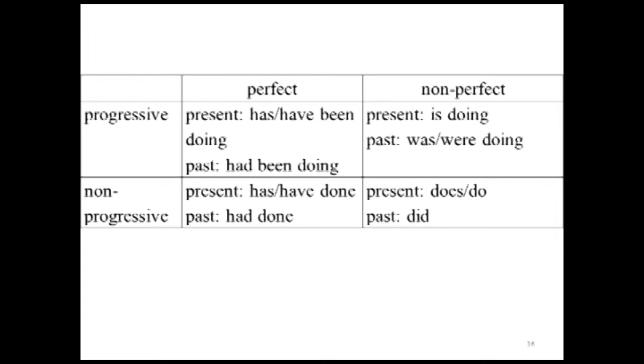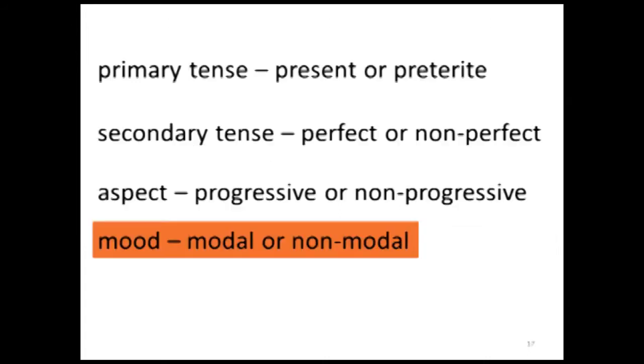Now let's look at the last one, the mood system. It doesn't work quite as well, but it does intersect pretty well with the other systems. Here are the modal verbs in English. I'm sure you're familiar with all of them. You might be thinking that you would add a few more, because these are the core ones.